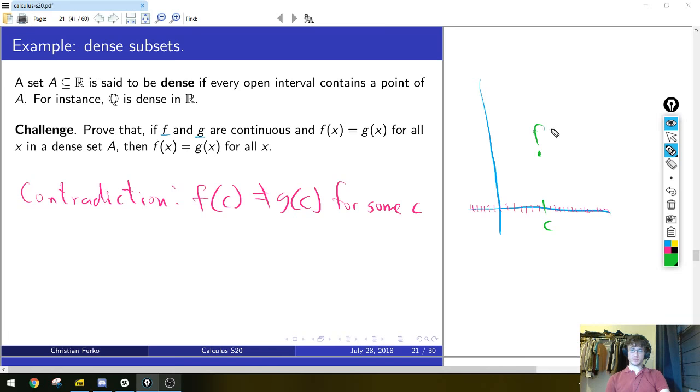Where you're saying f of c and g of c are different near that c. How would we get a contradiction from this setup?